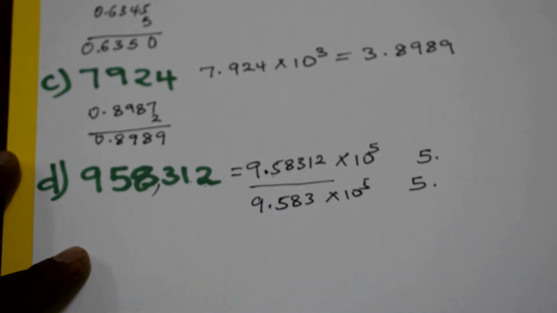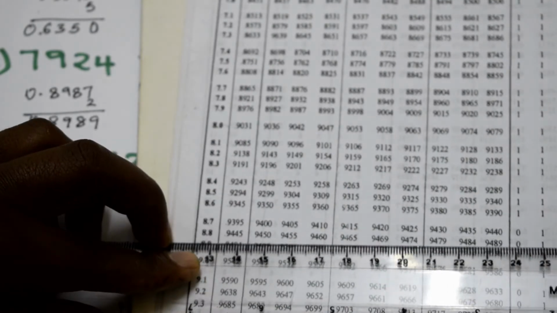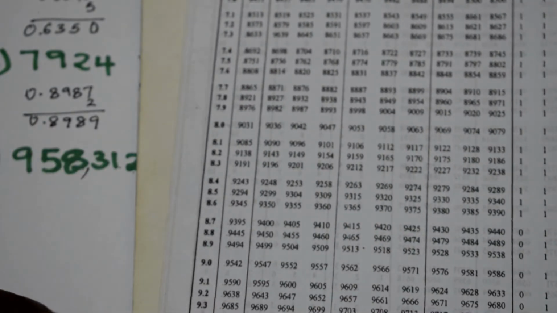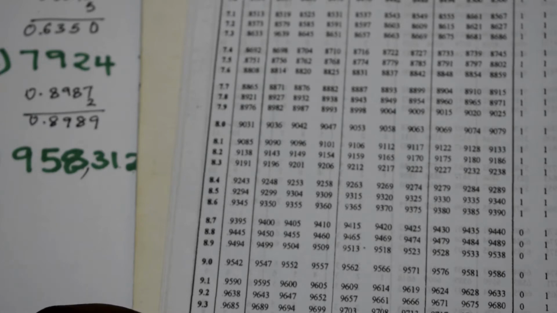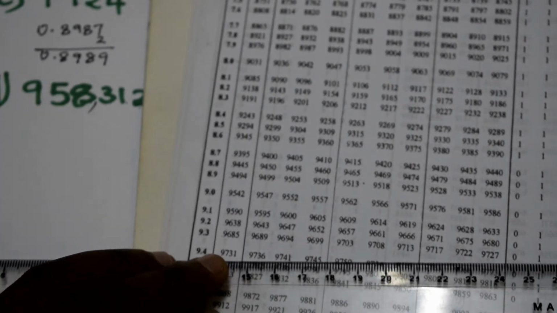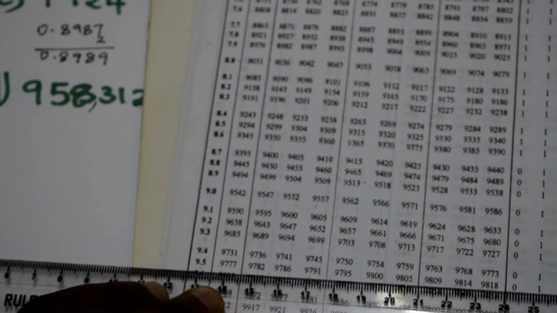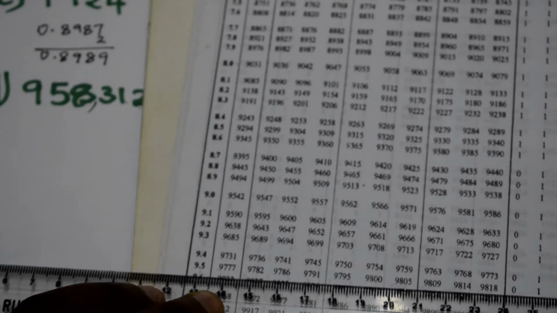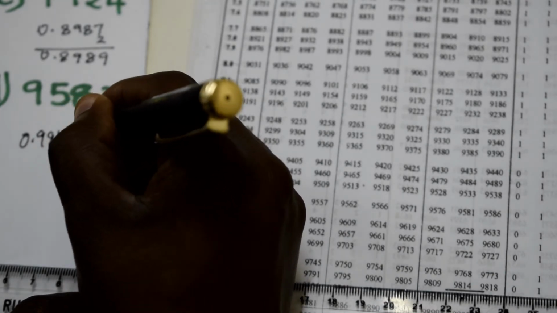Then we read the logarithm of 9.583 from the mathematical table. So 9.58, we have 0.9814.